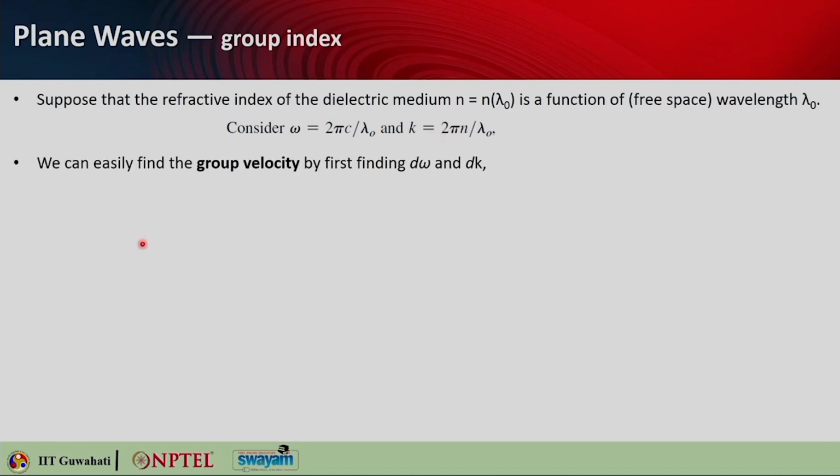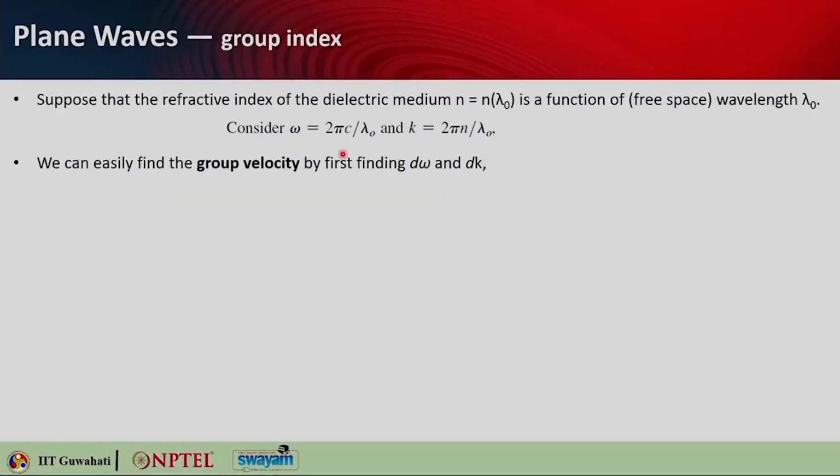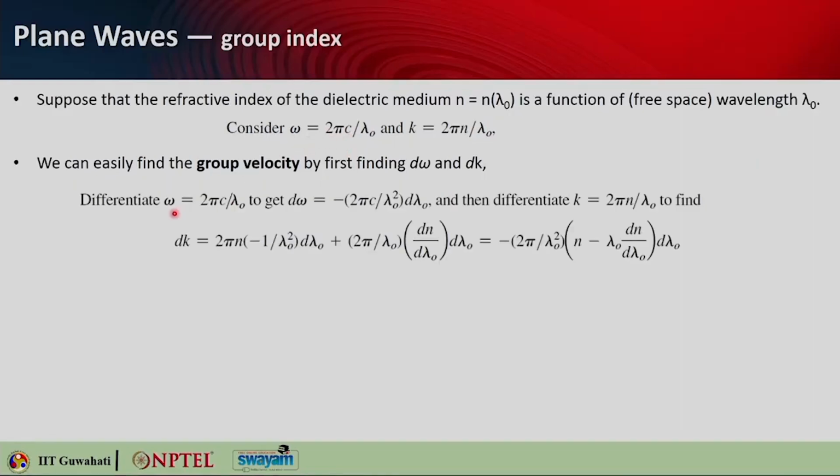So k is basically the wave vector inside that particular dielectric medium of refractive index n. Now we can find out the group velocity, but first you need dou omega and dou k. So you take this equation omega equals 2 pi c by lambda naught, and to get dou omega you differentiate it. That gives you minus 2 pi c over lambda naught square dou lambda naught.